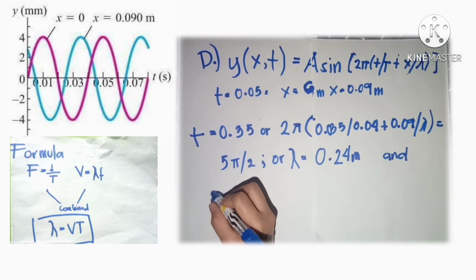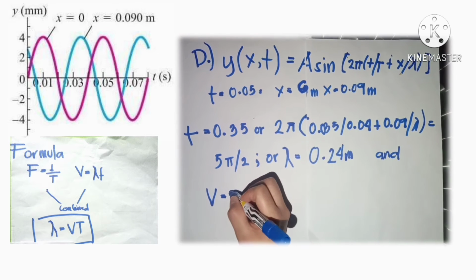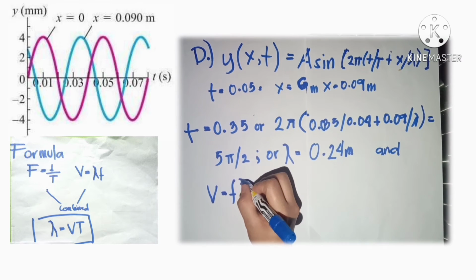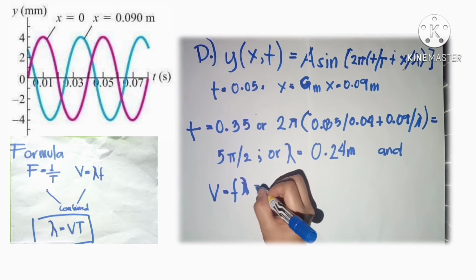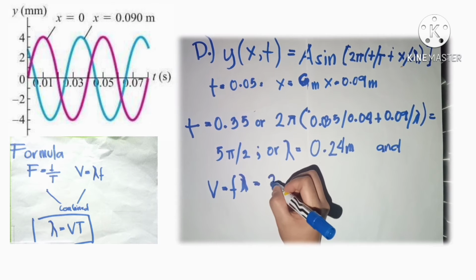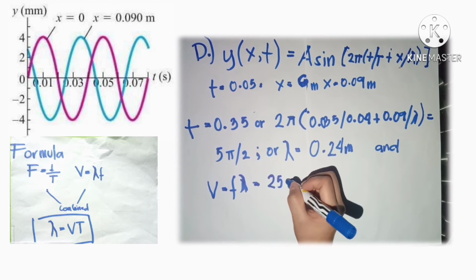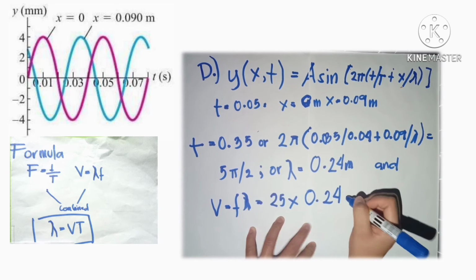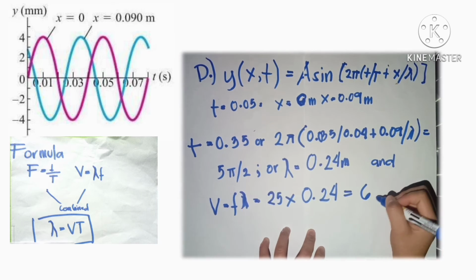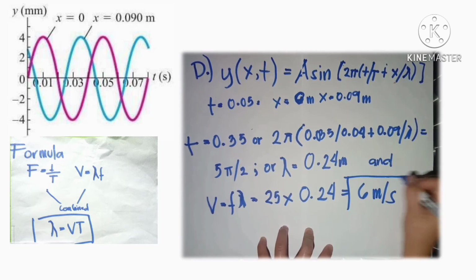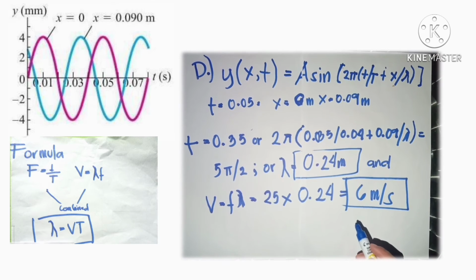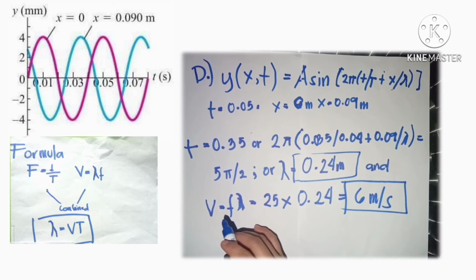And our velocity, or the speed, is equal to frequency times the wavelength, which is 25 times 0.24, equal to 6 meters per second. So this is our answer for letter D: 0.24 meter.